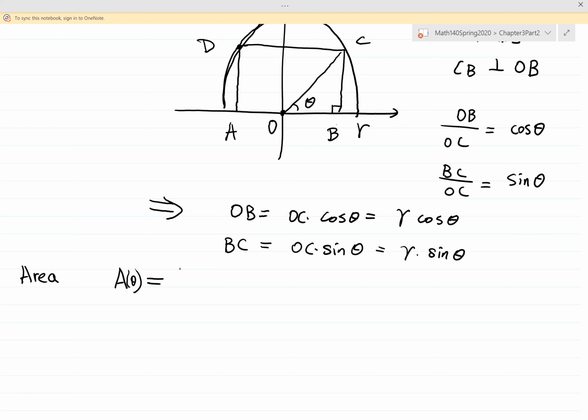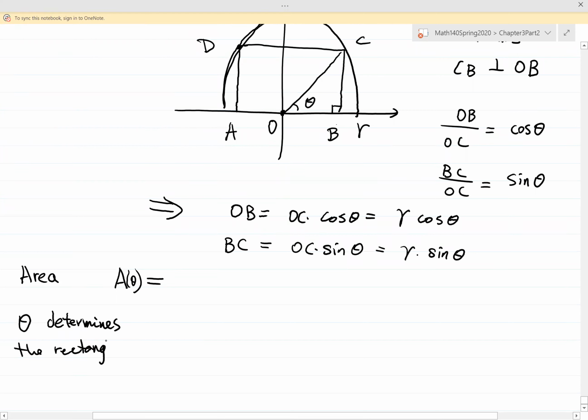So theta determines the rectangle uniquely, and theta determines the area of the rectangle.